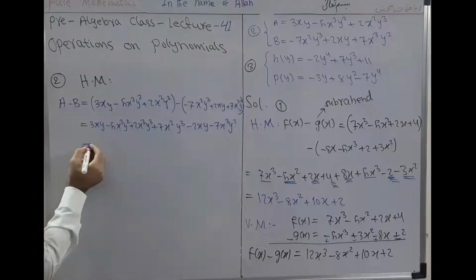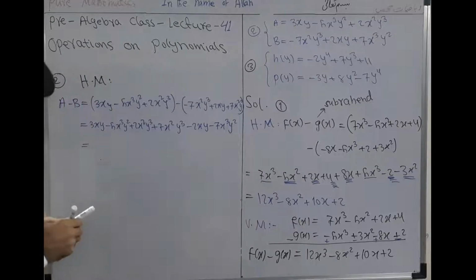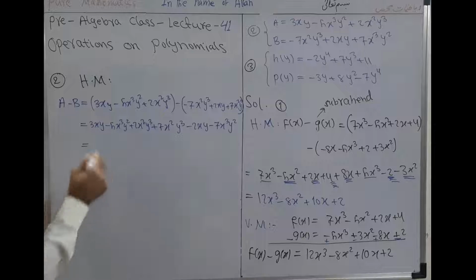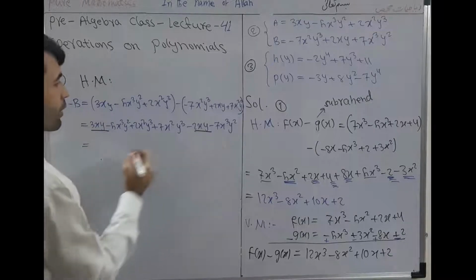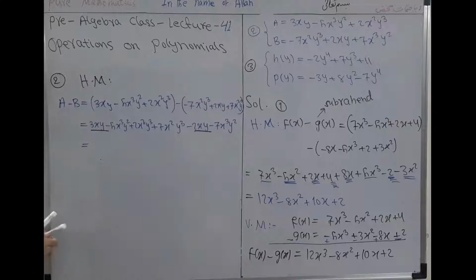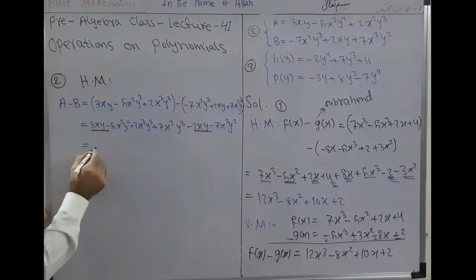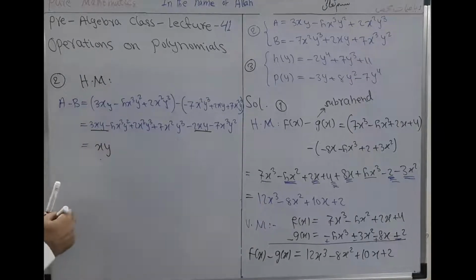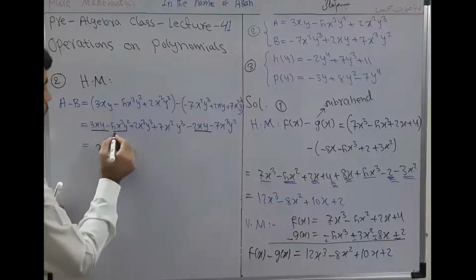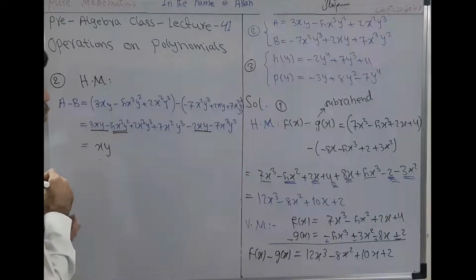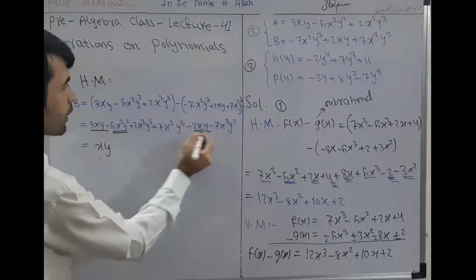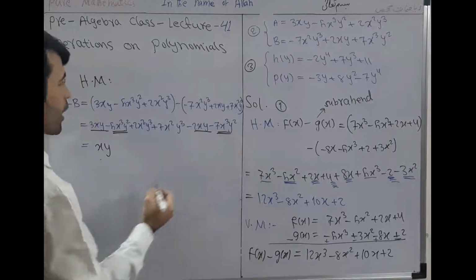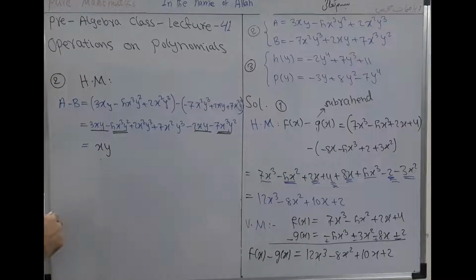Now we want to add the like terms. Here we have 3xy. Here we have minus 2xy. Then we get xy. Here we have minus 5x cubed y squared. Here we have minus 7x cubed y squared.